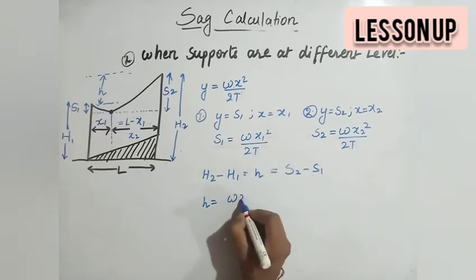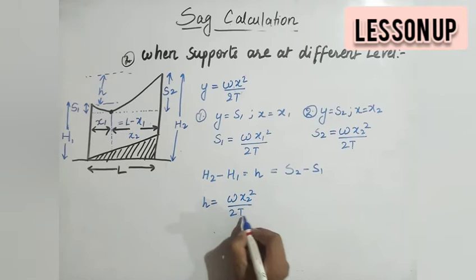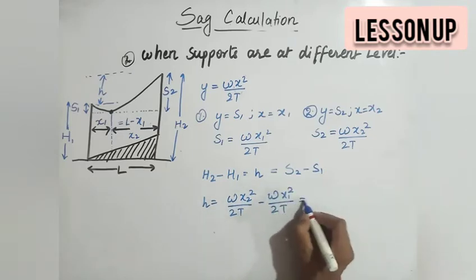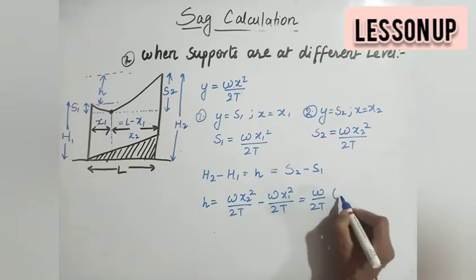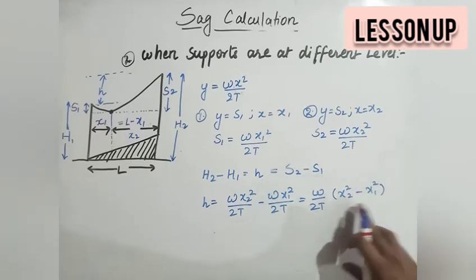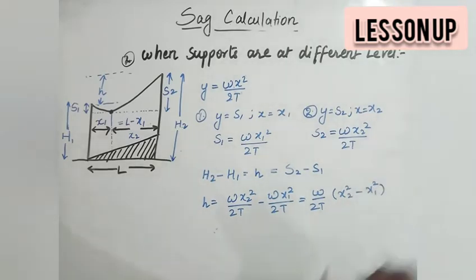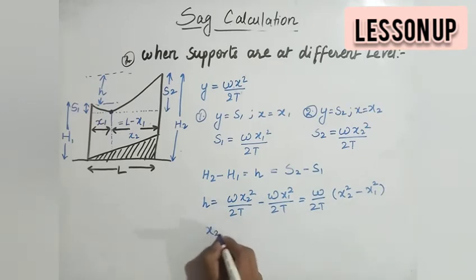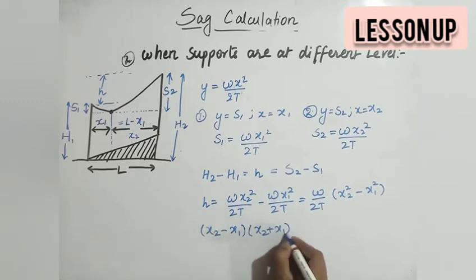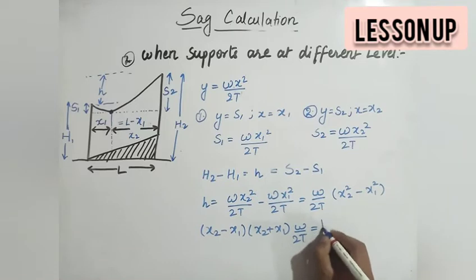So we will get W x2 square divided by 2t minus W x1 square divided by 2t. So we will get W by 2t into x2 square minus x1 square. Now if we expand this equation, we will get x2 minus x1 into x2 plus x1, that is a square minus b square, into W by 2t is equal to h.